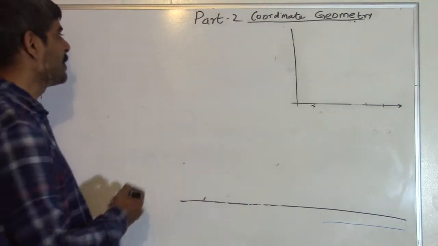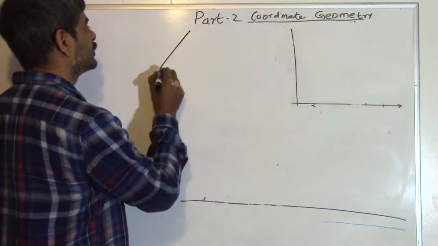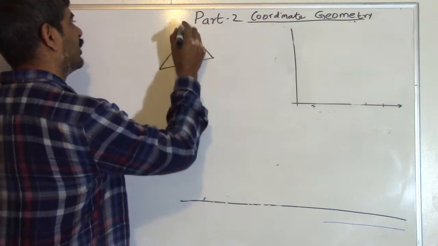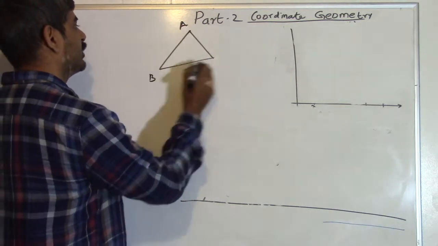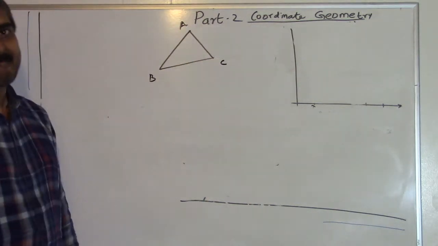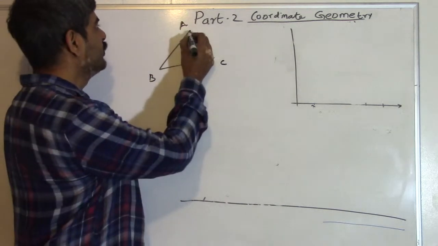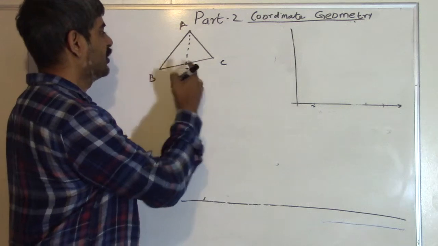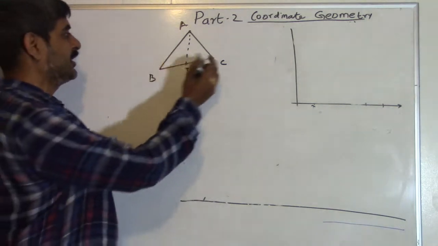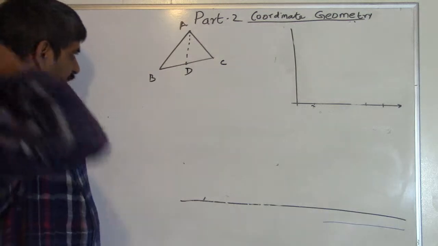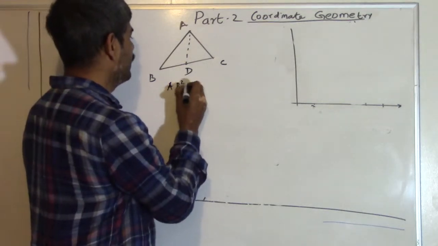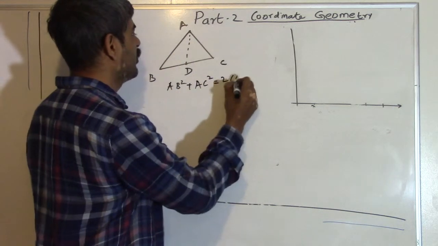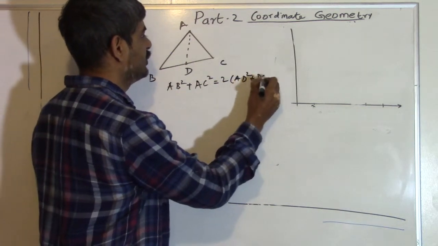For example, there is a theorem that says, this is any arbitrary triangle called A, B and C. And then we join the vertex A to the midpoint of the opposite side, call it D. D is at the center of B and C. Then we have AB square plus AC square is equal to 2 times AD square plus DC square.